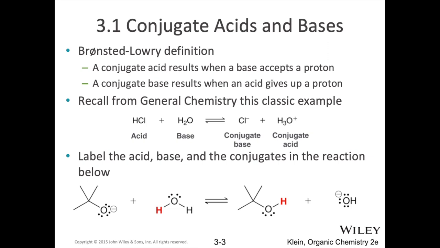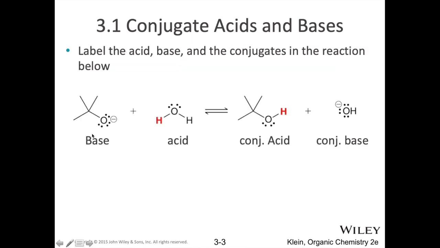Okay, so if you've hopefully already guessed your answers, you basically have to see that our water molecule here is donating this H plus to this tert butoxide ion over here. So water here is acting as an acid. The tert butoxide, because it's picking up that H plus, is acting as a base.